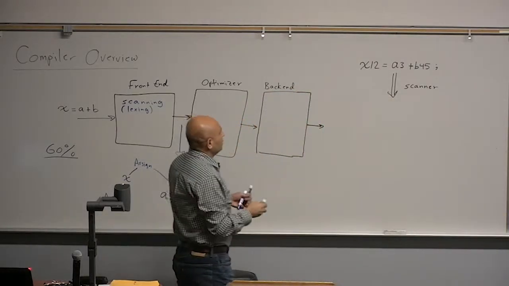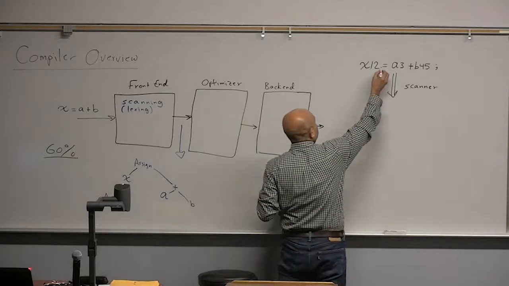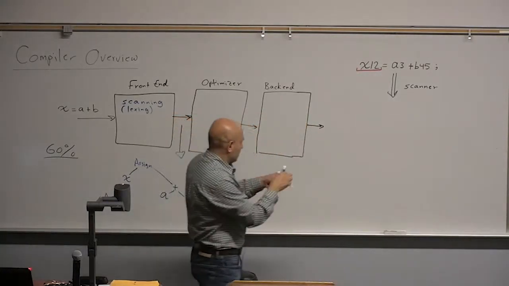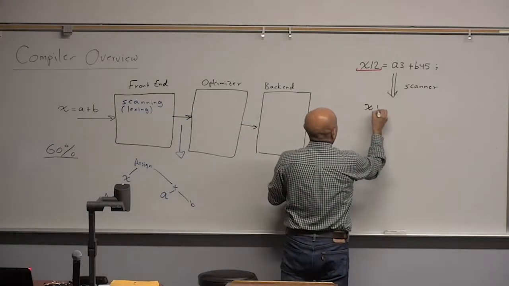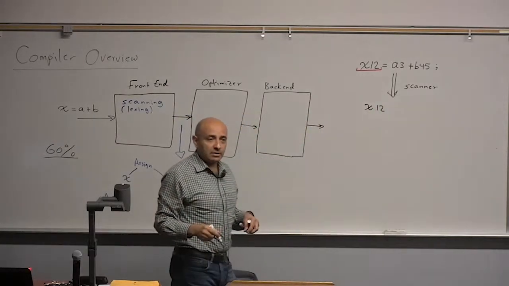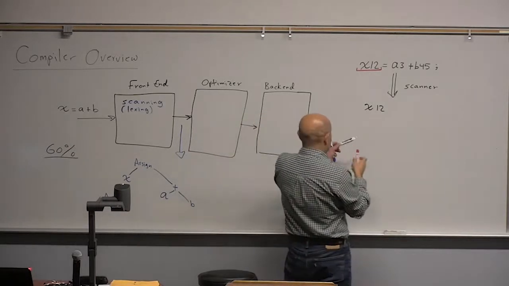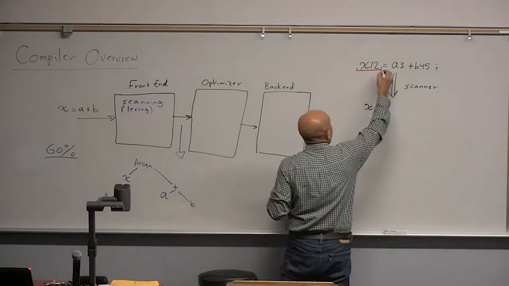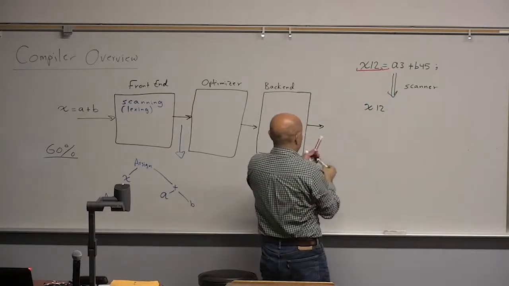And in this case, the first token or word is going to be this first variable name. So it's going to say, okay, x12 is the first token or lexeme. Then the second one is what? Equal. So it's the second token.